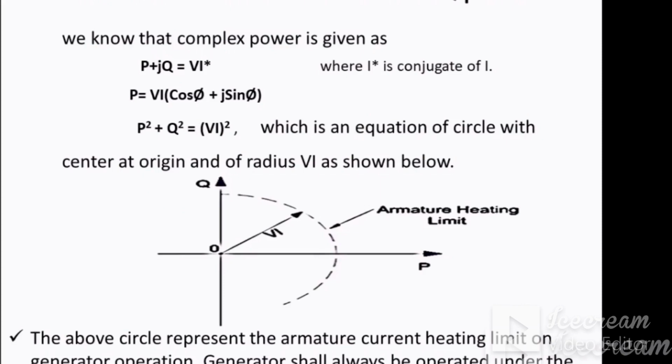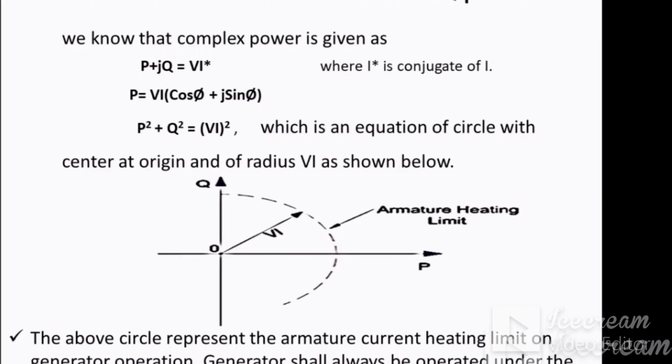Here I star is nothing but the conjugate of I, and this can be rewritten as VI cos phi plus j sin phi. Now we will take the modulus on both sides. When we take the modulus, you will get P square plus Q square equal to VI whole square.